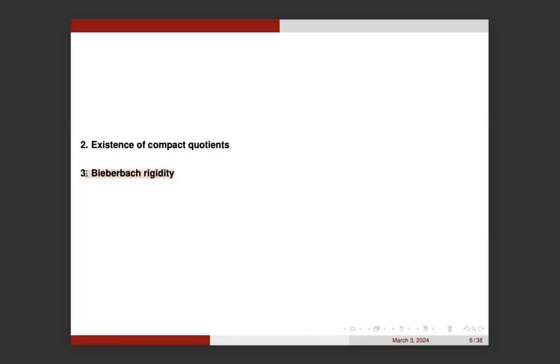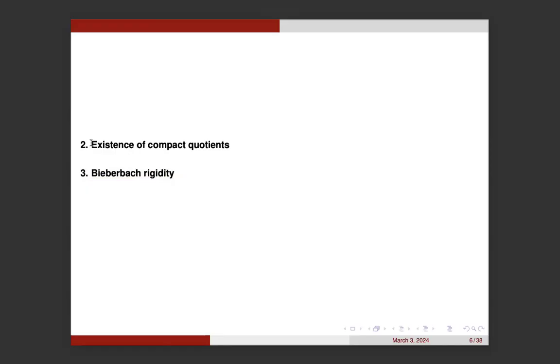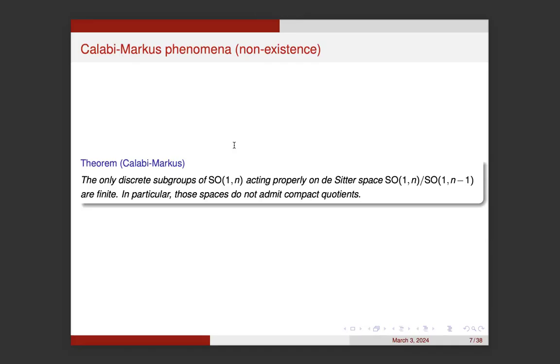About the question of existence of compact quotients, we know that there are geometries, homogeneous spaces, for which there is no compact manifold modeled on them. One of the oldest results in this setting is what we call the Calabi-Markus phenomenon.